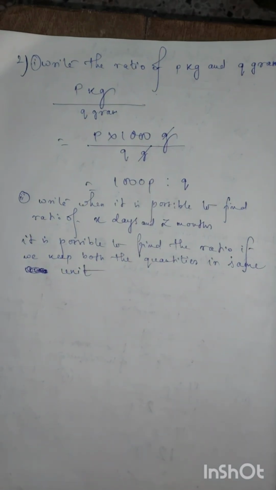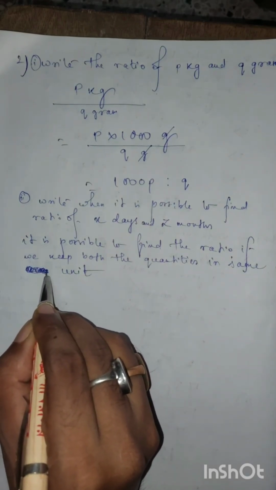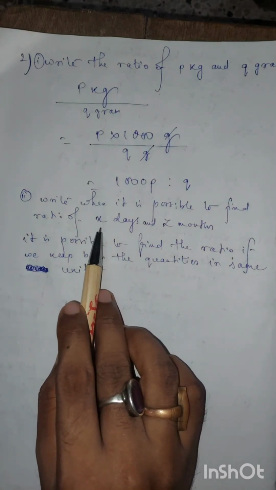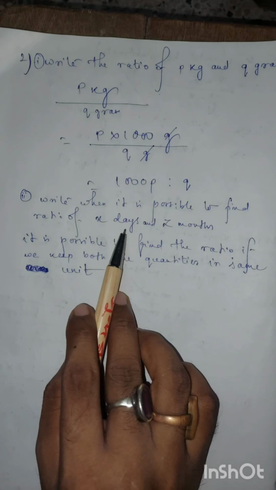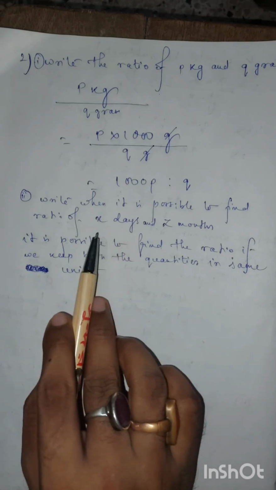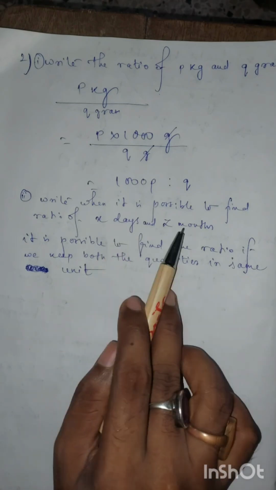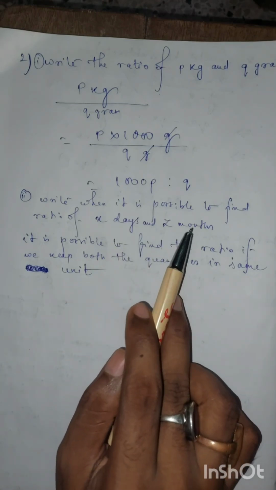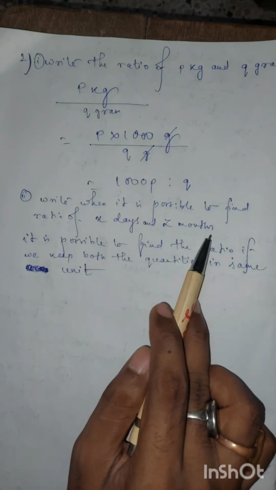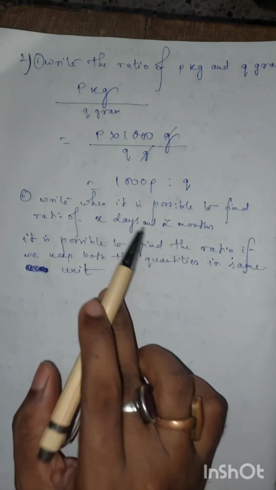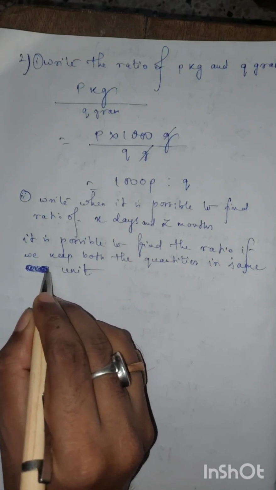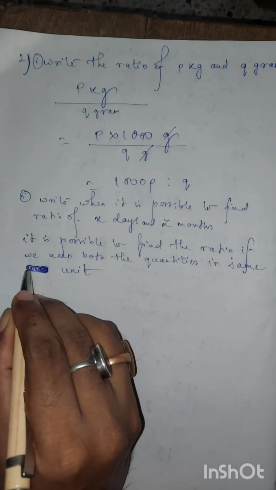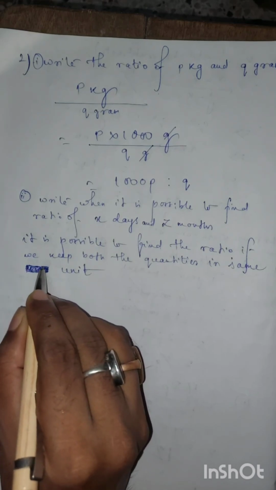It is possible to find the ratio if we keep both the quantities in same unit. That means either we can convert X days into months and then we can find the ratio, or we can convert Z months into days and after that we can find the ratio. Okay, so we need to keep the units same.